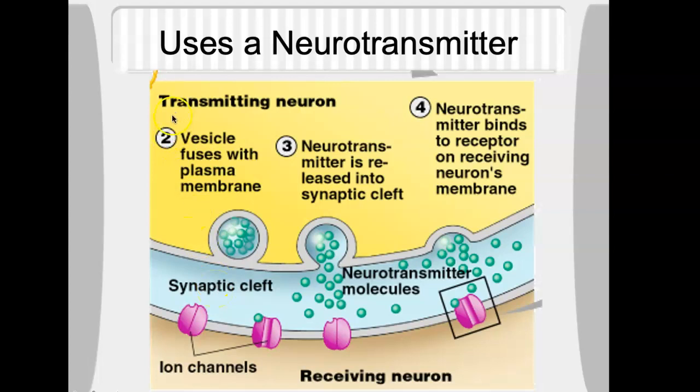So the action potential comes, and this vesicle is going to fuse with the membrane and dump out its contents. Then that neurotransmitter goes where? It's going to bind to a receptor that needs to be sitting on cell number 2, on the postsynaptic cell.